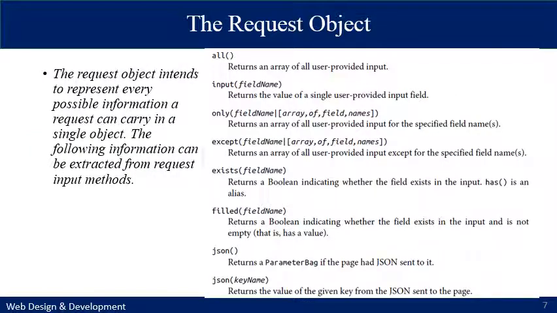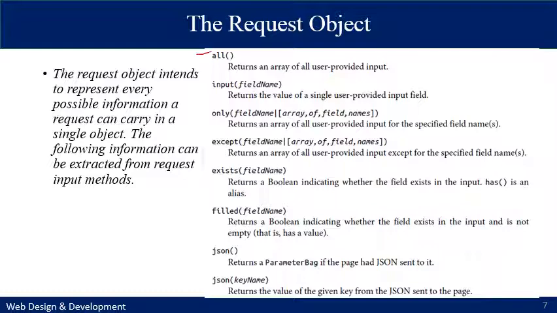Let's move our discussion to the request object. As explained in the previous few lectures, the request object intends to represent every possible piece of information a request can carry in a single object. The following information can be extracted using the request input methods. A few of the methods have been discussed earlier.